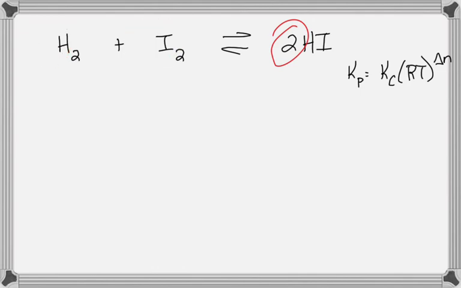And so 2 minus 2 is 0. So the delta N is 0. Anything raised to the 0 power is 1. So that means that the KP is equal to the KC. So the KP is still 54.3, just like it was in problem 5.